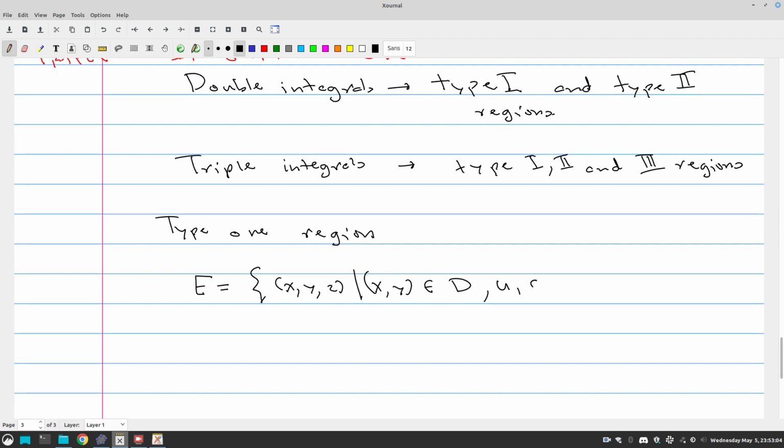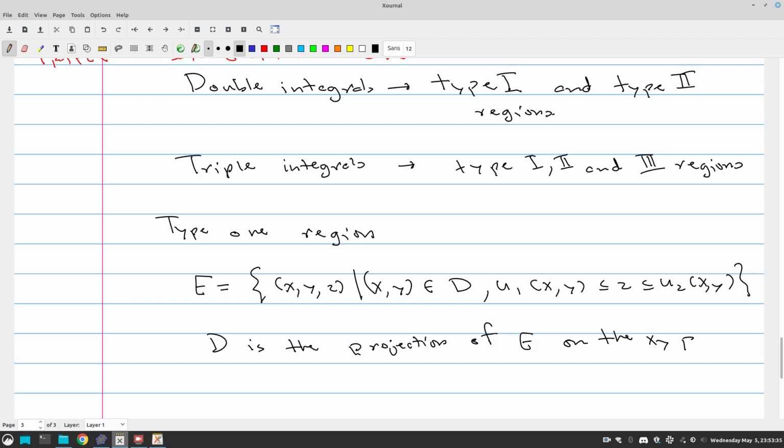So z is between u1(x,y) and u2(x,y), right? So z is between two functions of x and y, and of course D is the projection of E on the xy plane.